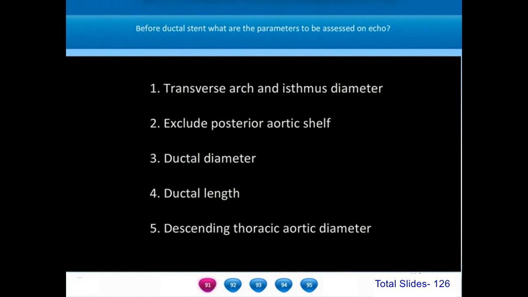If there is a posterior aortic shelf, that is a substrate for coarctation, and these patients will have what is called a retrograde coarctation. That means a gradient from descending thoracic aorta to arch of the aorta. The pressures in the arch of the aorta will be less than the pressures in the descending thoracic aorta.